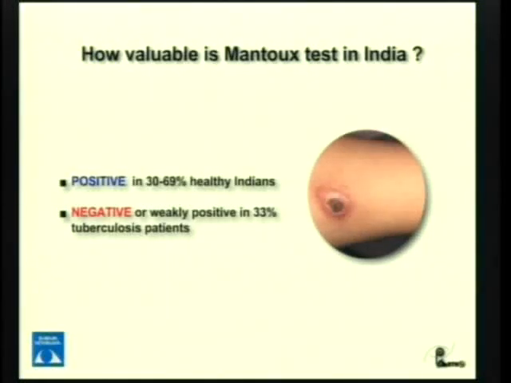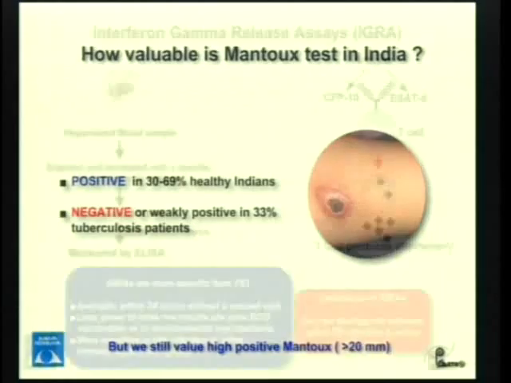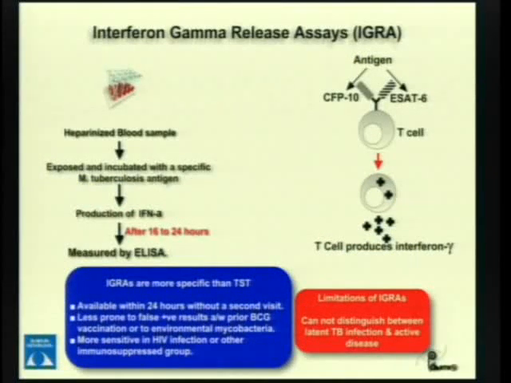It's positive in 30 to 69%, but in our institution we still value a high Mantoux, more than 20 millimeters. This is very important for theory purposes. You have to know what the interferon gamma release assay is, where heparinized blood is taken and exposed to the specific tuberculosis antigen, and the production of interferon gamma is measured by ELISA.